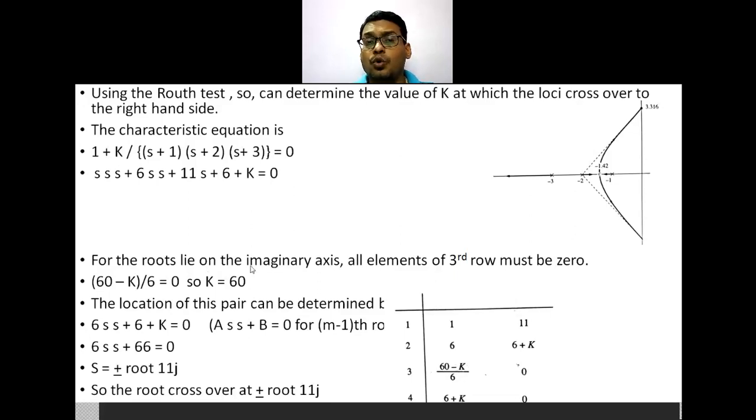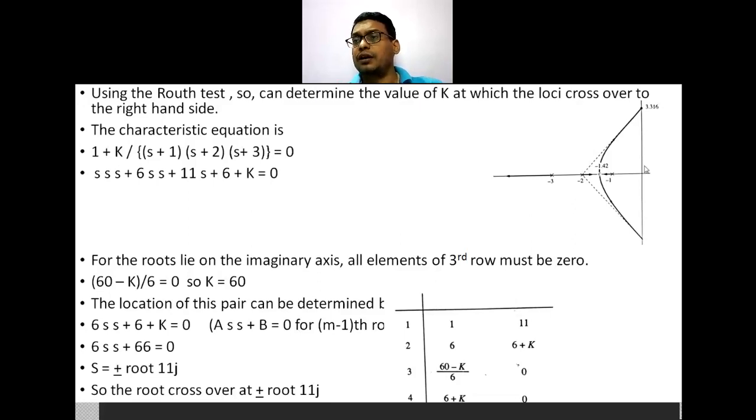So roots lie on the imaginary axis when all the elements of the third row are 0, and the location of the pair of roots is determined by the coefficients of the m minus 1th row, a s square plus b.